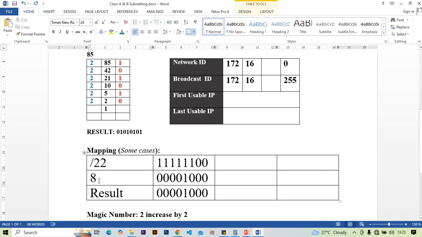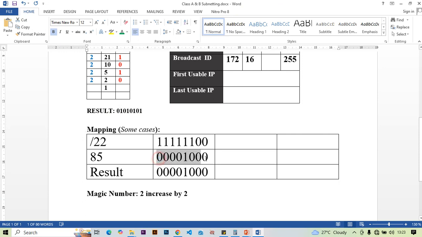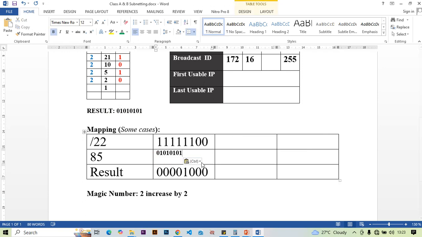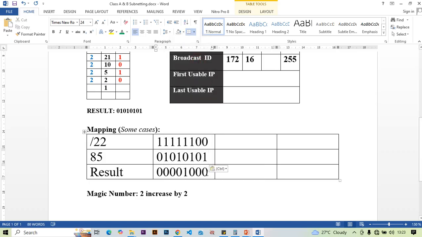We're mapping it to 85, and 85 has given us this value here. We paste it here. Good. And then we now get our result down here. By mapping these two, we have 0 1 0 1 0 1 0 0.